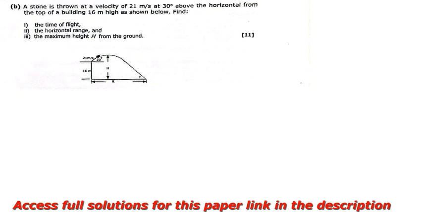So the question is, a stone is thrown at a velocity of 21 meters per second at 30 degrees above the horizontal from the top of a building 16 meters high as shown below. Find part A, the time of flight, part B, the horizontal range, part C, the maximum height h from the ground.